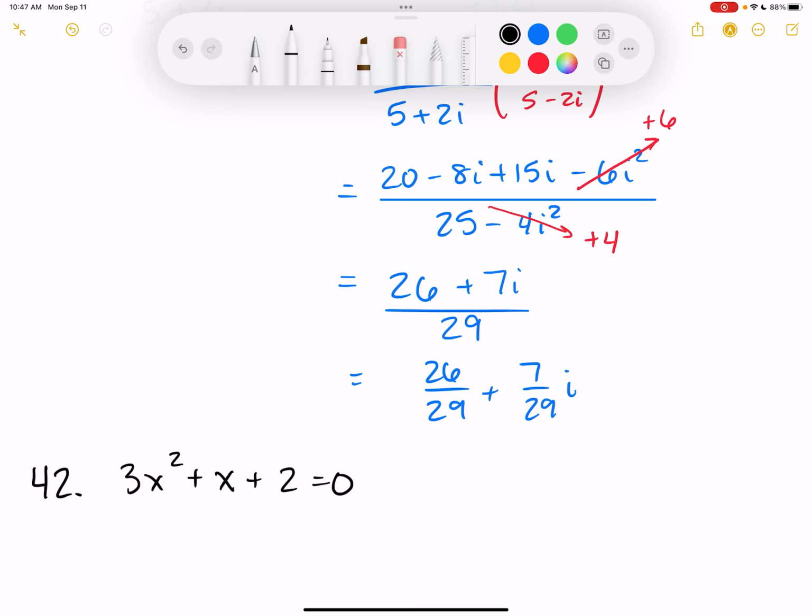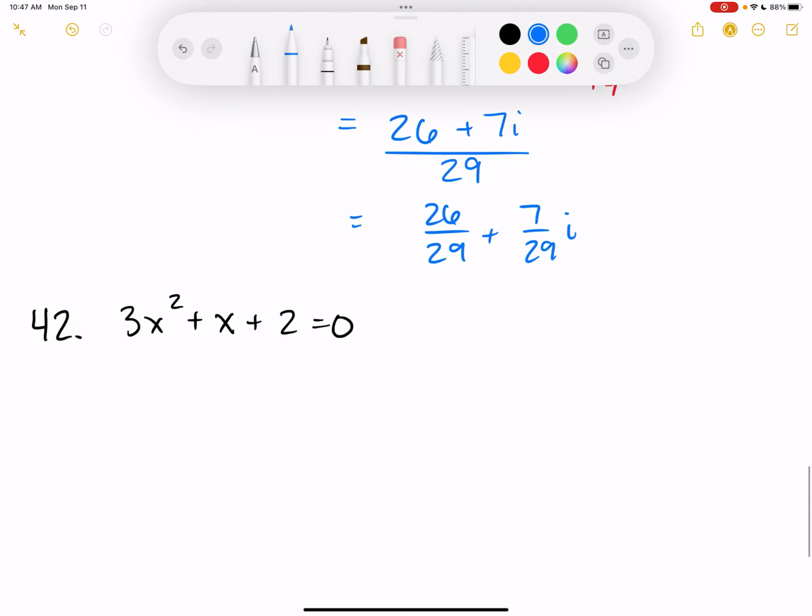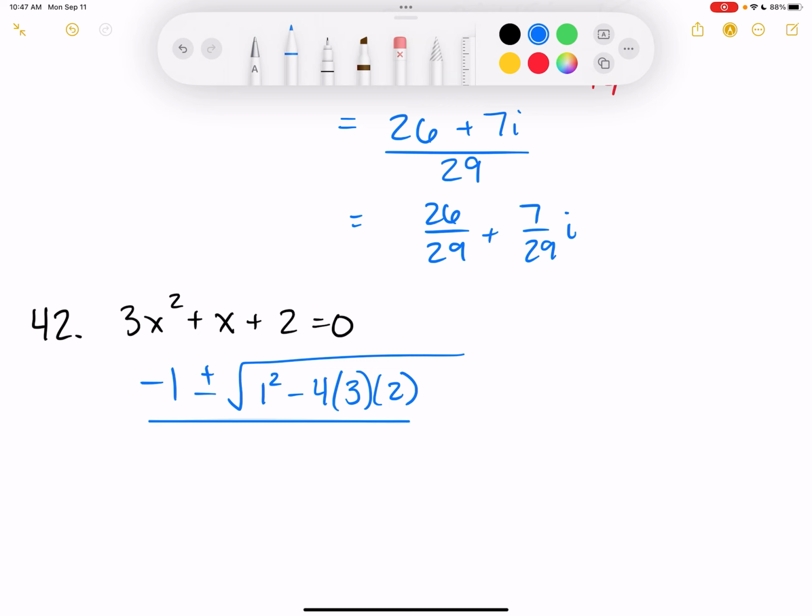You're always welcome to see first if you can factor it. This one can't. So quadratic formula: negative b, so that's negative 1, plus or minus the square root of b squared, so that's 1 squared, minus 4 times 3 times 2, all over 2 times 3.